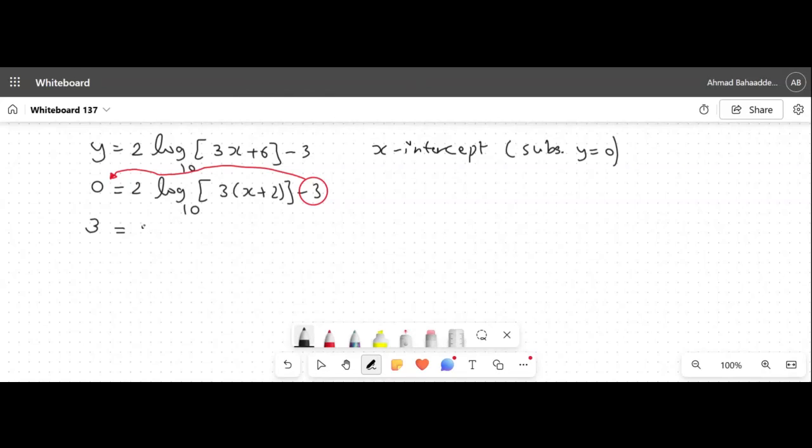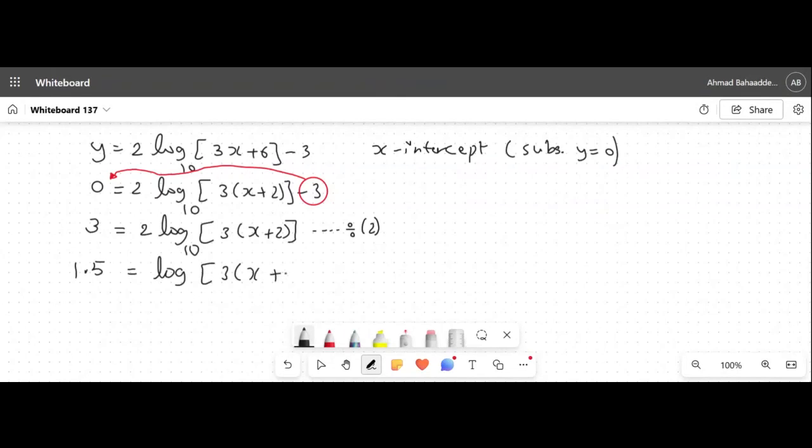Well, we have 3 equals 2 logarithm of 3 bracket x plus 2, close the bracket, for the base 10. Now, as we did in the previous example, we divide both sides by 2, so we get 1.5, and the 2 is going to disappear here, so we have logarithm of 3 times x plus 2, and the base is 10.